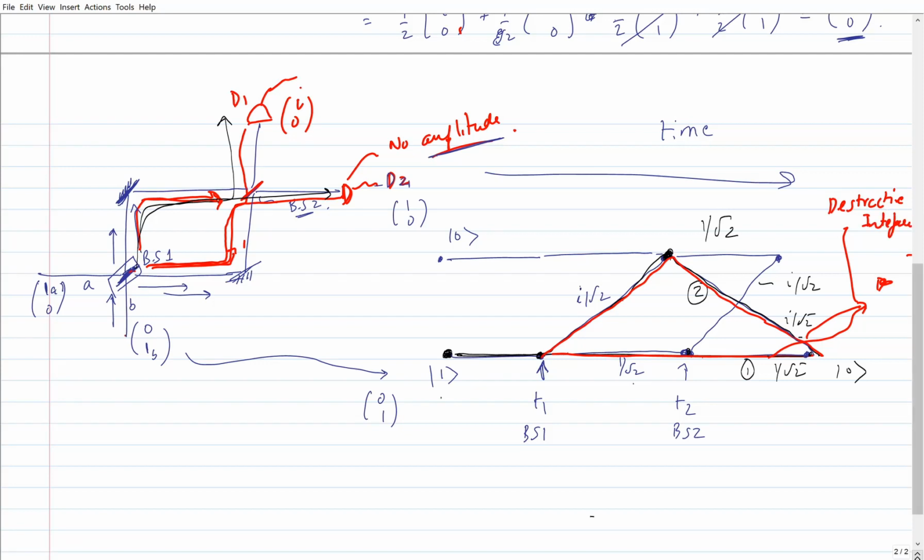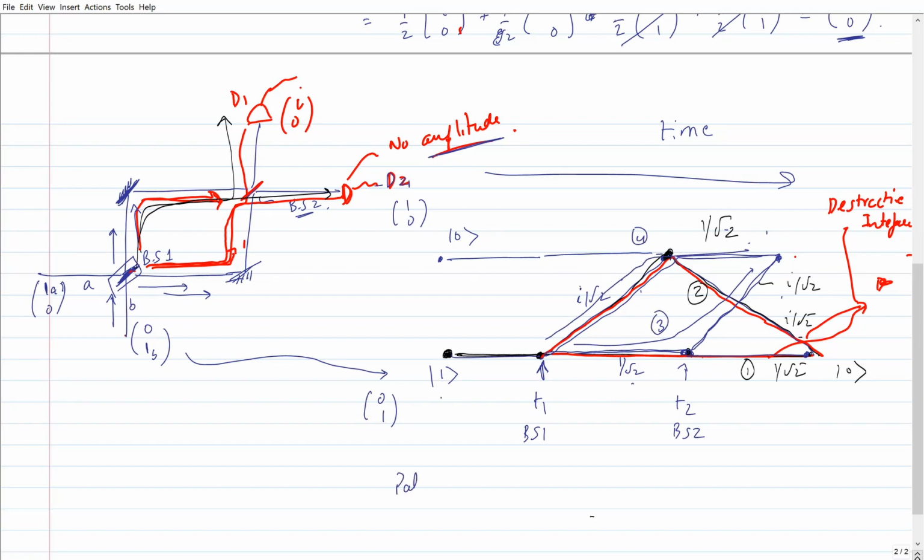However, from 0 to 1, the two paths I have, this path and this particular path, both of these amplitudes are going to be iota by 2, that is 1 over root 2 multiplied by iota over root 2. This is my path number 3, this is my path number 4.